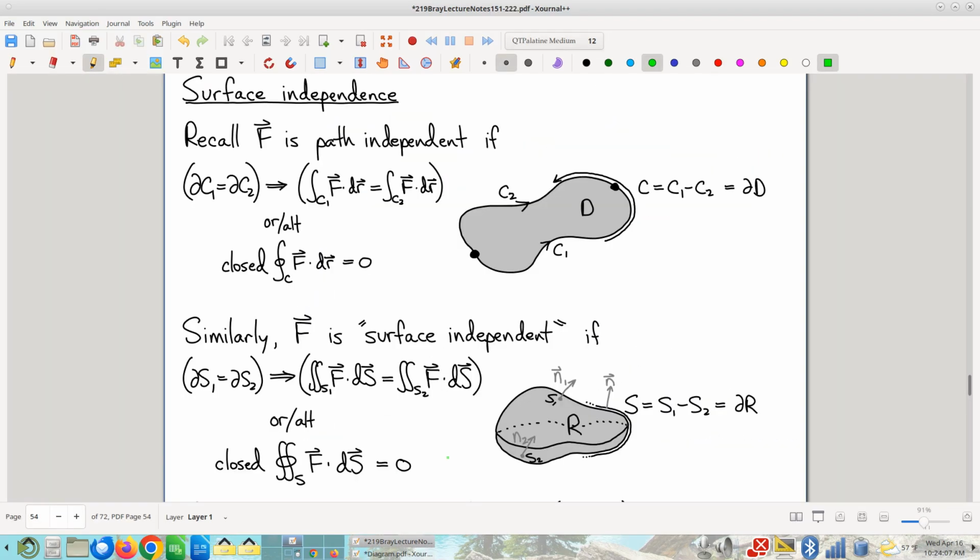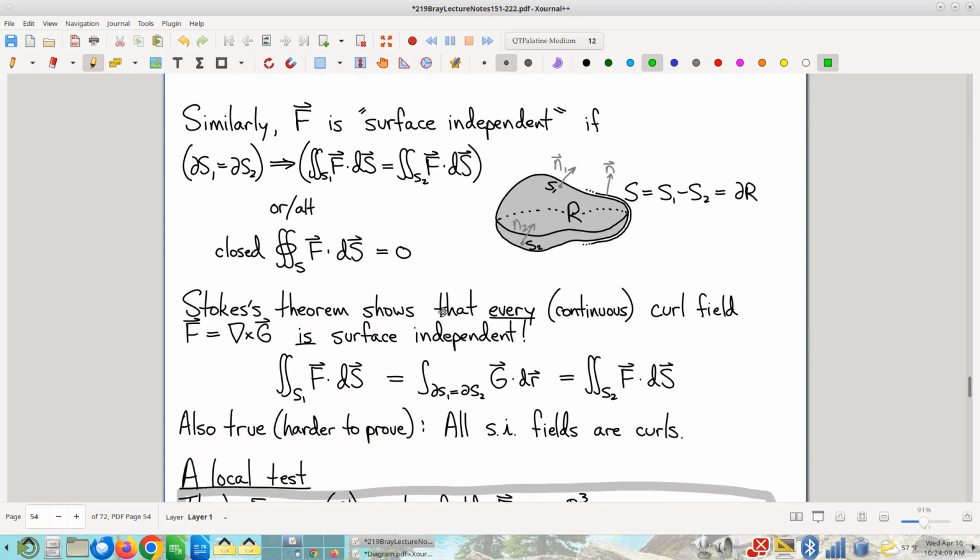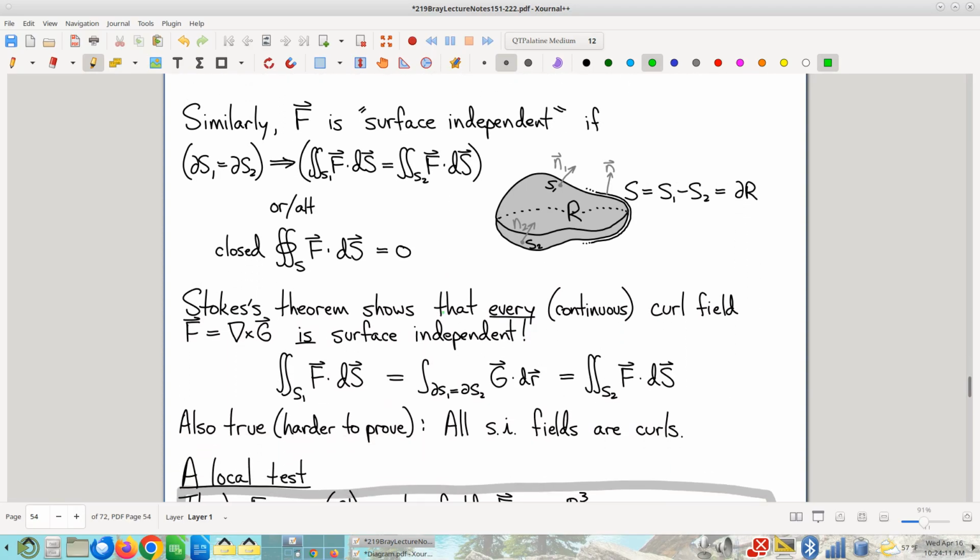If I have a curl and I want to check that it's surface independent, does Stokes' theorem help us? And 100% totally does. So here we go. Here we have a curl vector field.